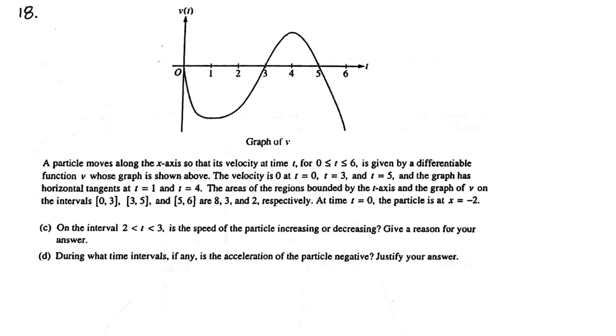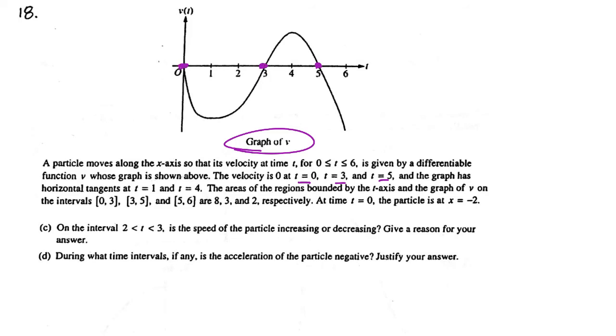All right, our next question, we've got another particle motion problem. And we're told that we have a differentiable function v, so this is our graph of our velocity. And we are told that velocity is 0 at 0, 3, and 5. So here, where we've crossed the axis.